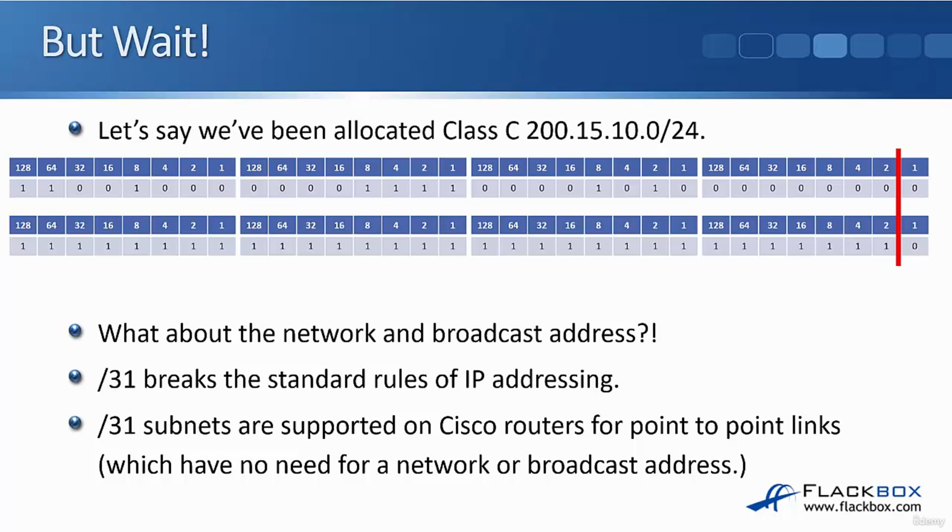If you think about it, a point-to-point link, there's just one side and the other side. Well, any traffic that comes from here needs to go to the other side and vice versa. There's nowhere else for it to go, so there isn't really any point in having a network and a broadcast address. So that's why Cisco allowed that exception. You can have a /31 on a point-to-point link.